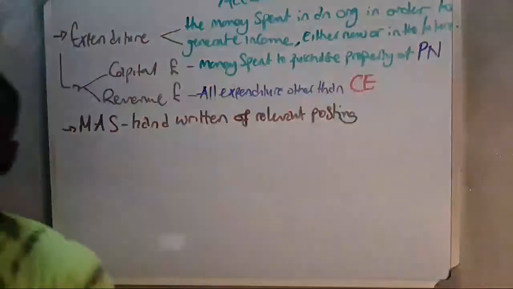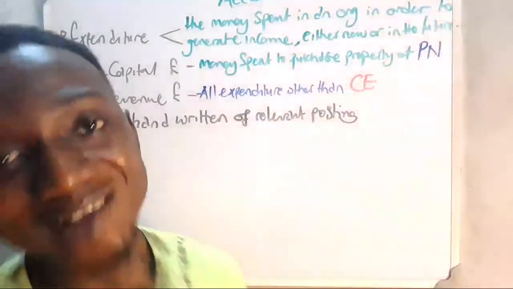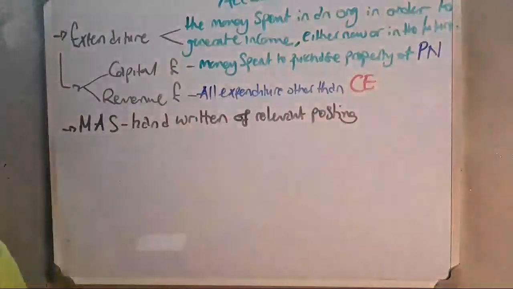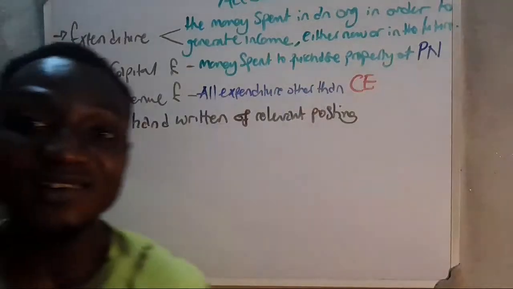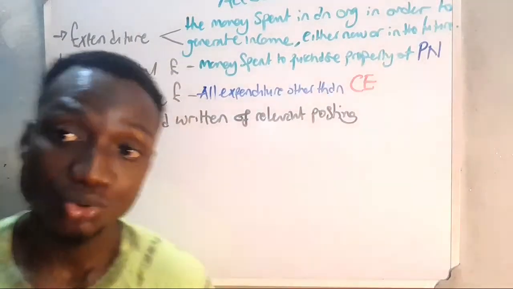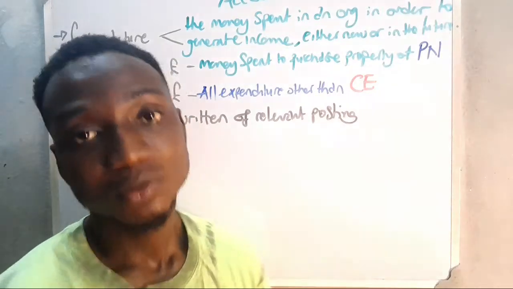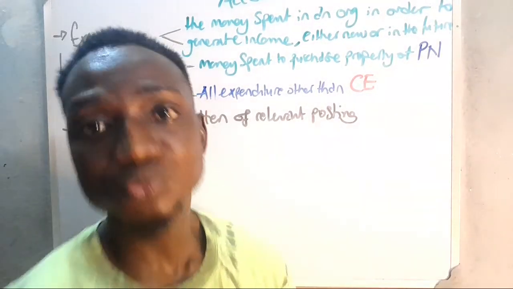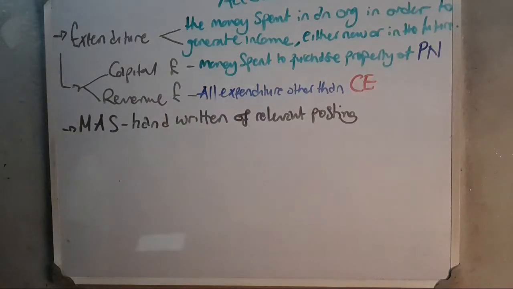You are also prone to fire or natural disaster, maybe fire or water. One of the advantages of the manual accounting system is that it's cheap and very affordable. How much is a book and biro? It's very affordable and cheap to run a manual accounting system.